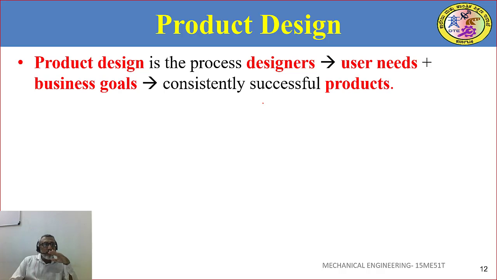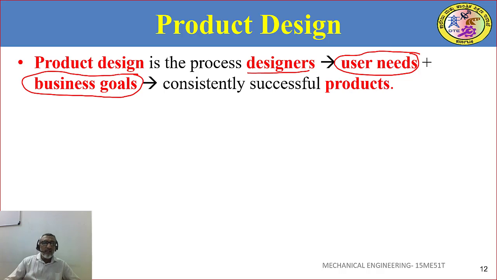Now, let's come to the product design. The product design is a complicated job. It's a job which involves a very high level of skill on the part of the designers. Here, the designer has to blend two things. He has to blend the needs of the customers with the business goals of the organization.